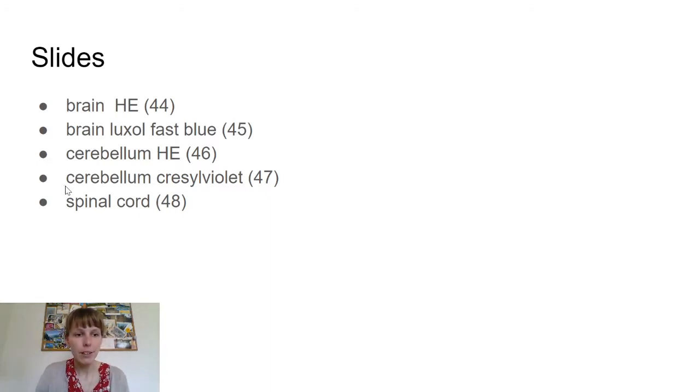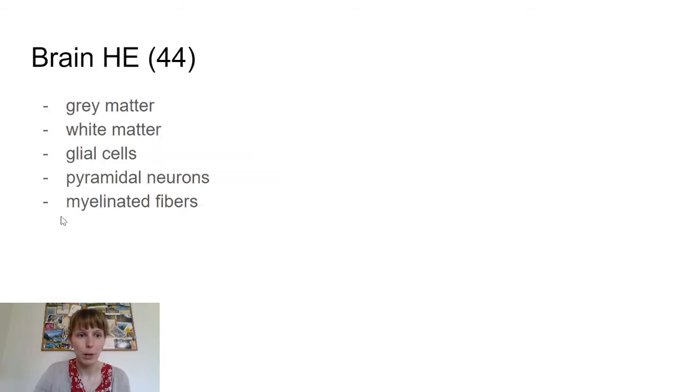Then you have a cerebellum, hematoxylin eosin, and cerebellum, Cresyl violet. So that's the Nissl stain. So in these two cases we will be looking at the structure of cerebellum and what layers you have in gray matter, where you find the white matter, and finally the spinal cord. The spinal cord will be hematoxylin eosin as well.